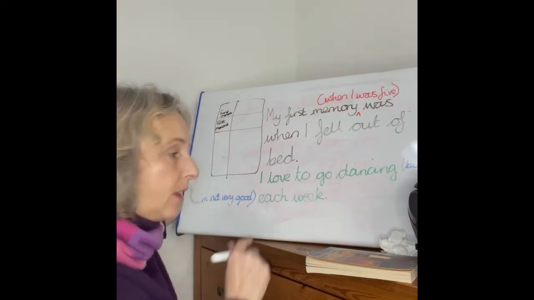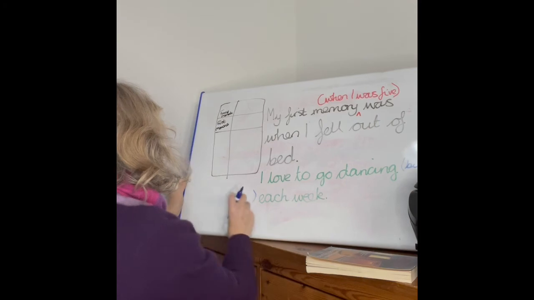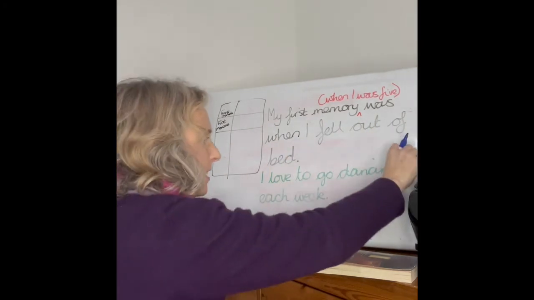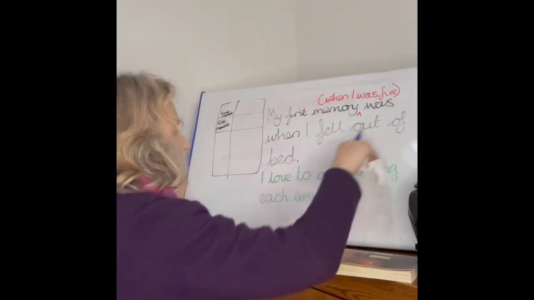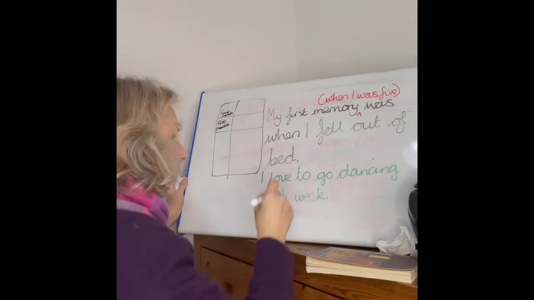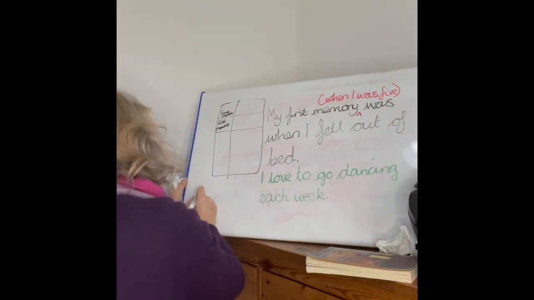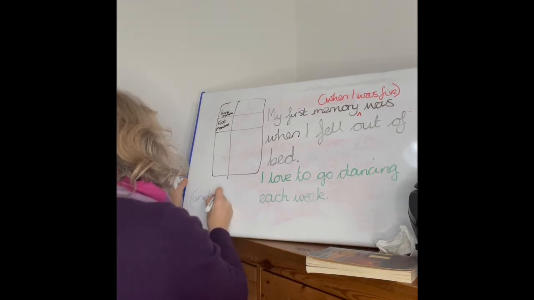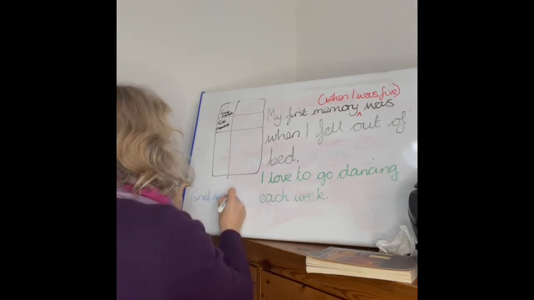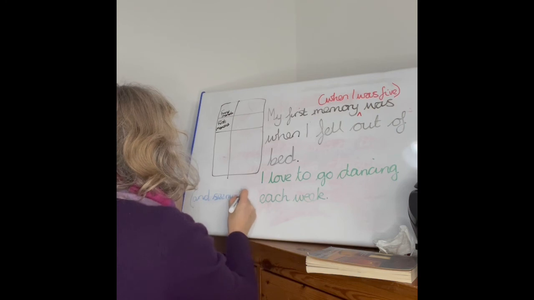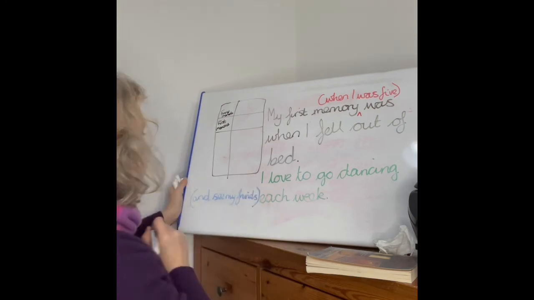Tell you what I might add though. I'm going to get rid of that because I don't think it reads very well. I love to go dancing. I'm going to put in brackets, and see my friends. Close brackets. I can hardly fit that in.